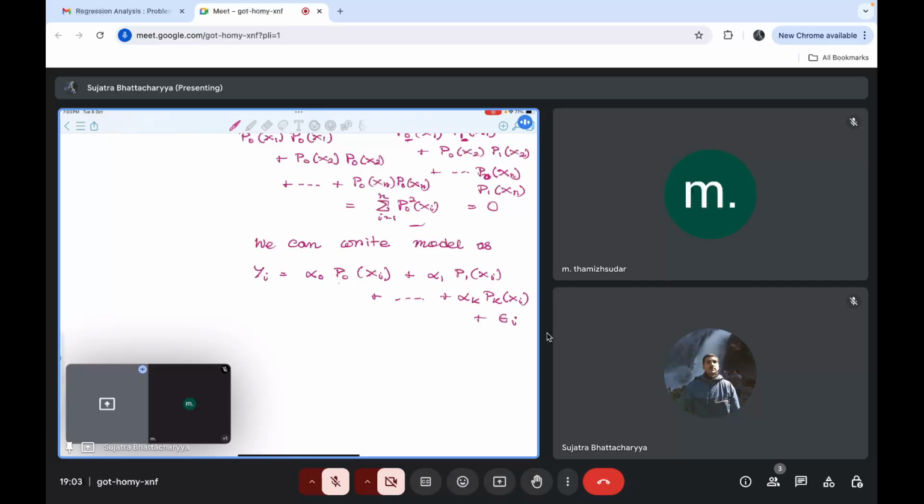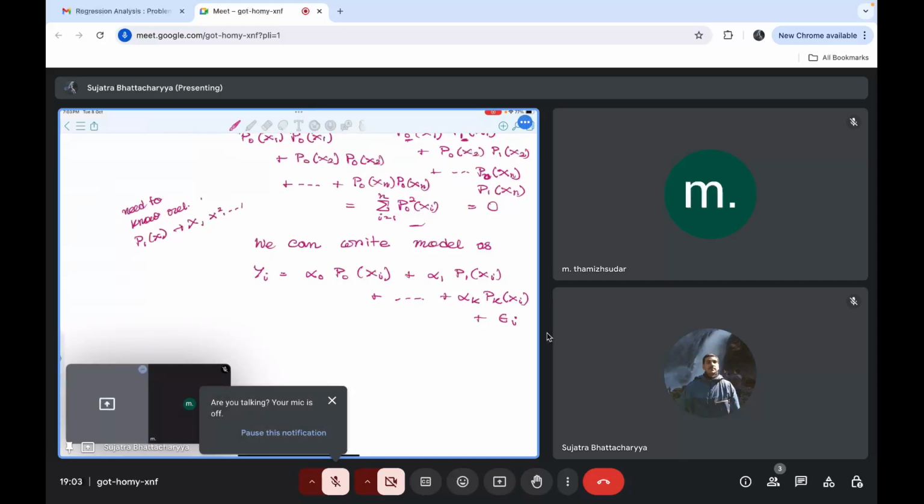Remember, this is all based on the orthogonal polynomials, not on x square, x cube like that. You need to know the relation of p1 x with x, x square, and so on. Otherwise, we will not be able to write the actual model, right?